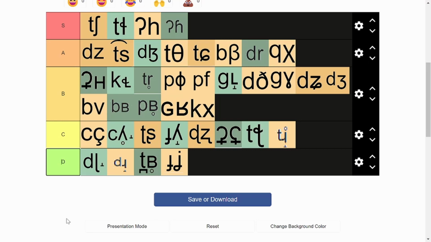I am maybe a bit hesitant on the ka, the last B sound, because I definitely like ka more than bva. Maybe more than ja, but I don't know. It's up to you really.